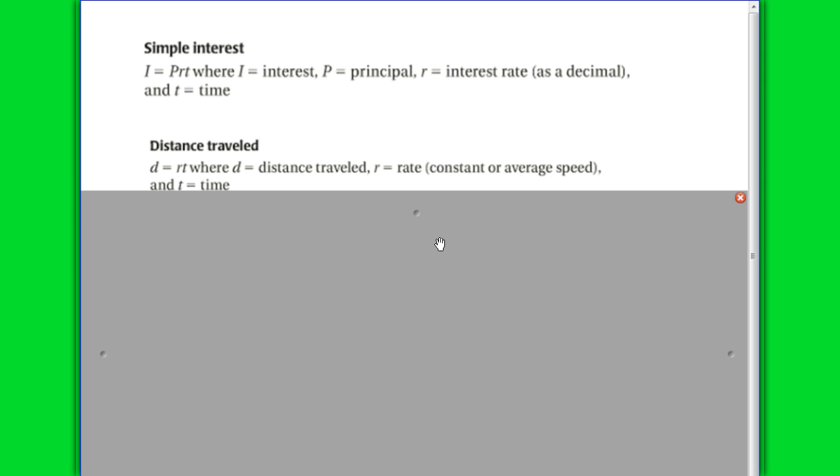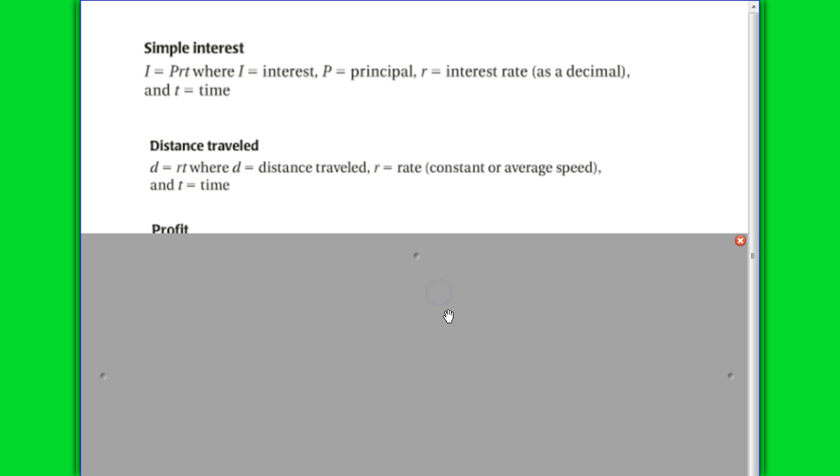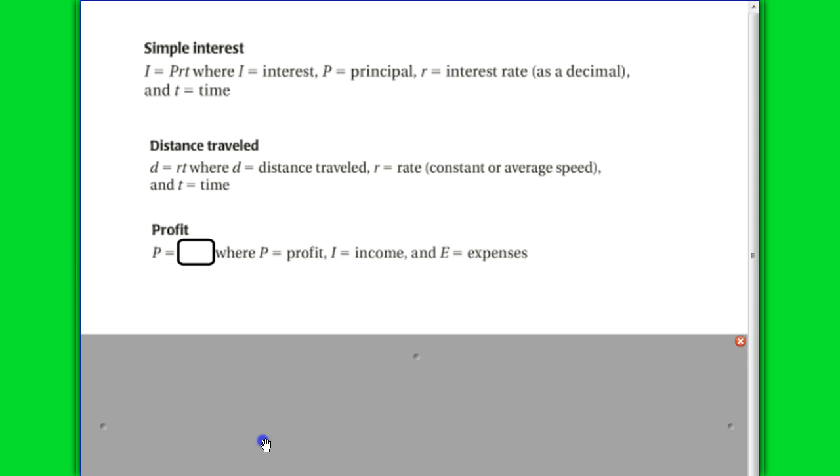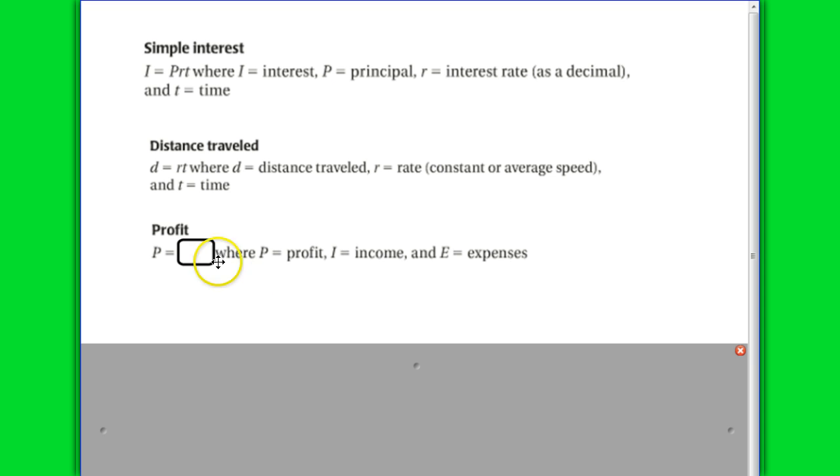Okay? And finally, the profit. How do you know how much profit a business has made? Profit equals the income it brings in, and what are you going to do with the expenses?